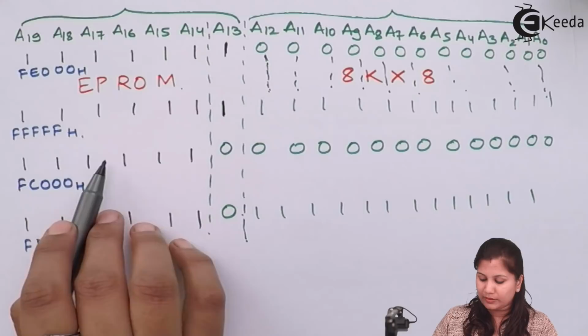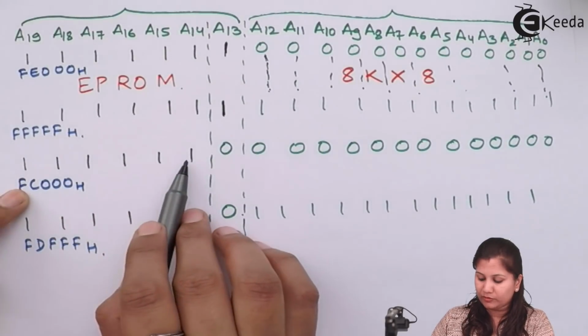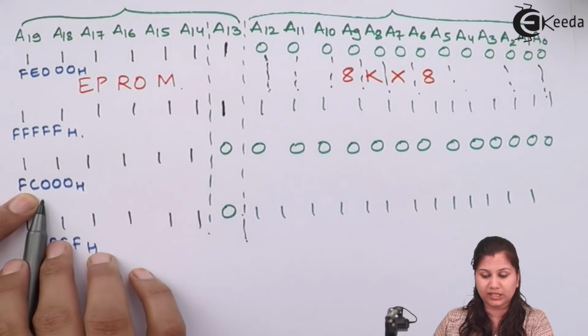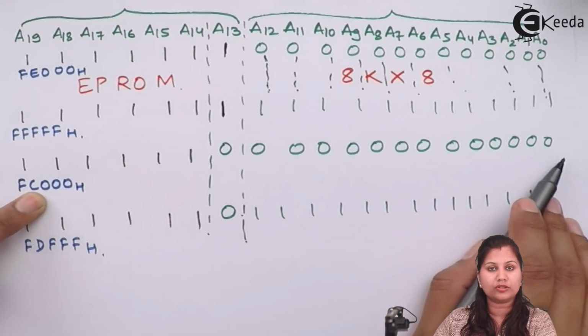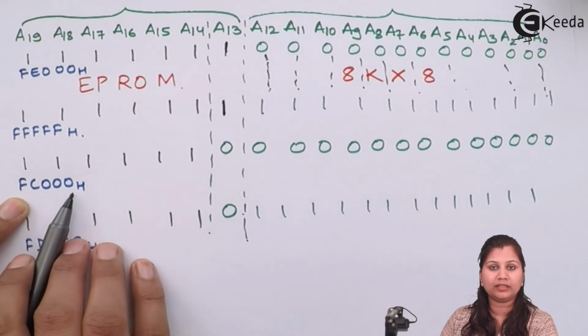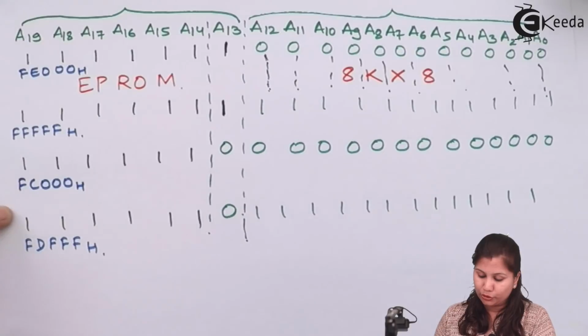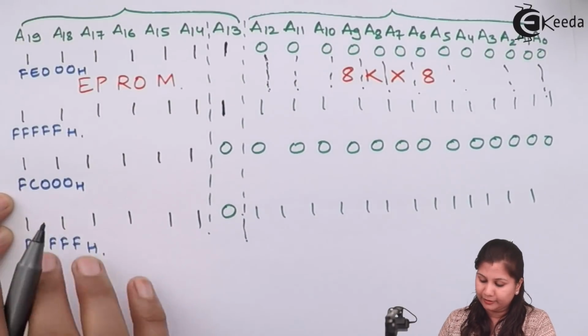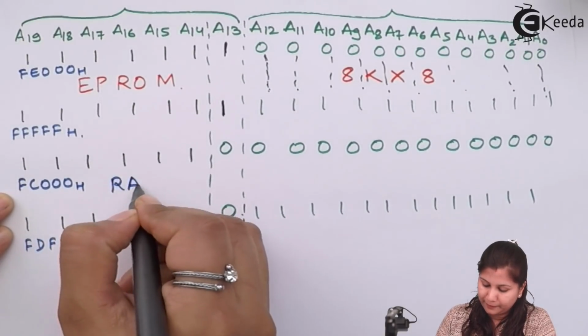Here 1111 for F, then 1100 for C, then again 000. So you can see here that this is for RAM.